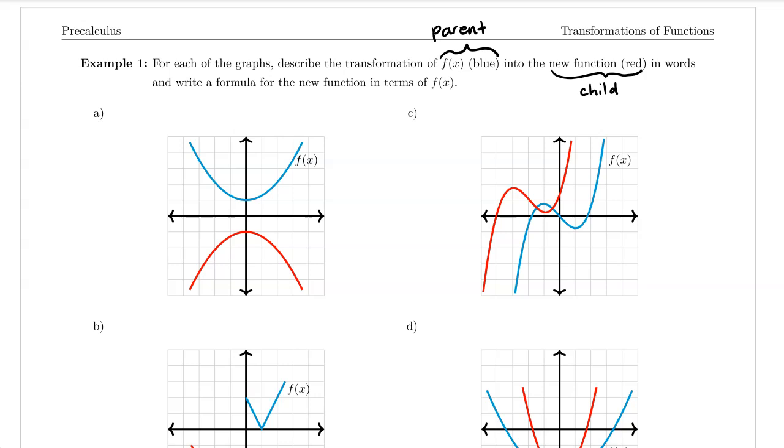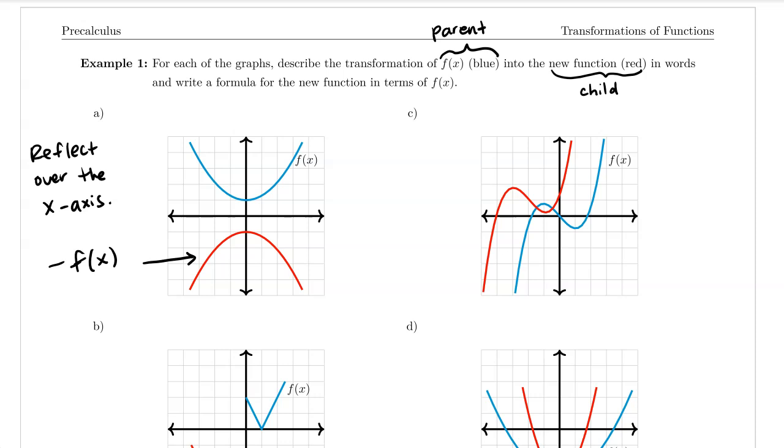So in part A, we have an upward facing parabola, and to get the graph of the red function, what we do is we reflect over the x-axis. And if we wanted to come up with a formula for the red graph, because we are reflecting over the x-axis, this would have a formula of negative f of x.